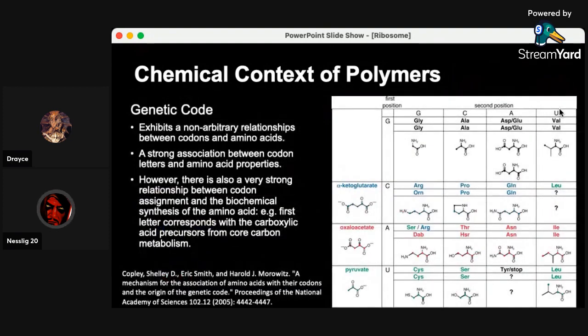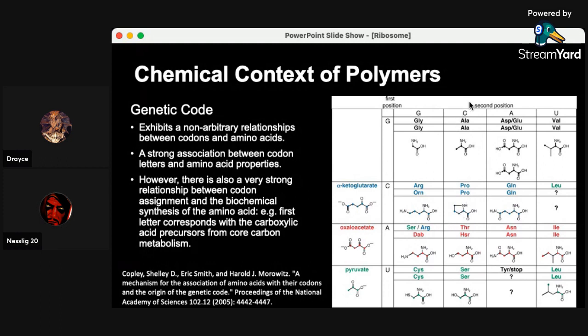Oh, and another thing, even the genetic code itself seems to echo metabolism. There is a strong correlation between the second letter of the codon and the properties of the amino acid: hydrophobic is correlated with one letter, and hydrophilic is correlated with another.